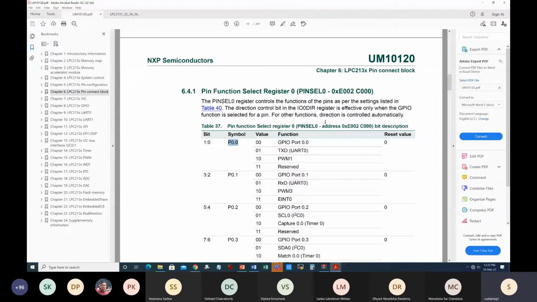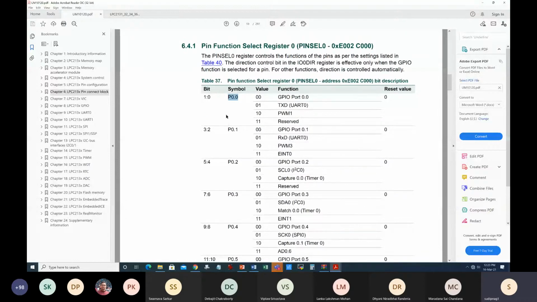Now the point is, pin cell 0 is a 32-bit special function register. This 32-bit register has 2 bits per IO port. That means it can only accommodate up to 16 IO ports from port 0. However, port 0 is 32-bit IO, so it requires 64 bits total, right?